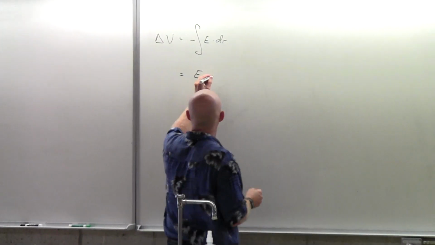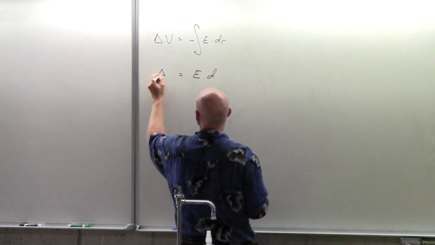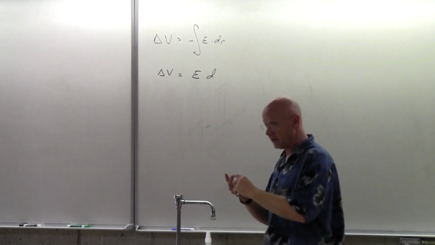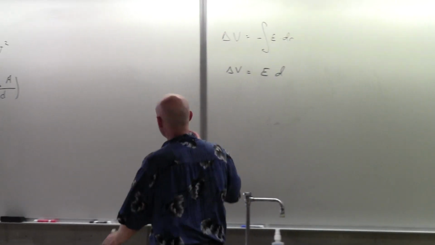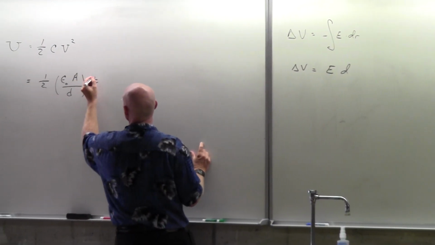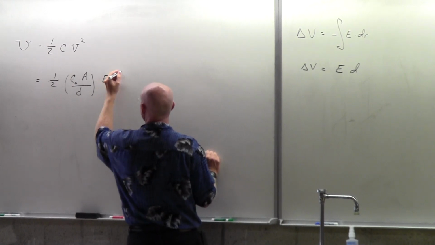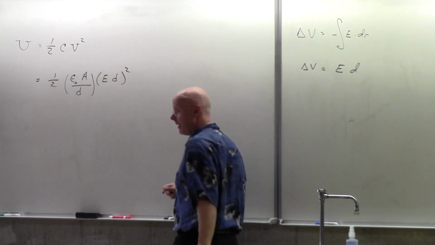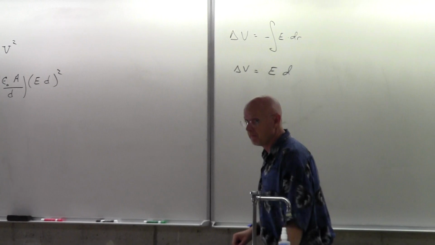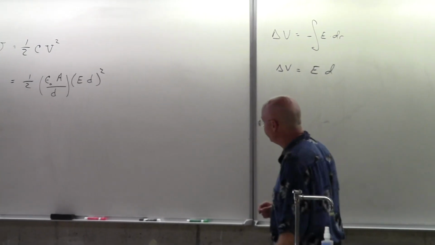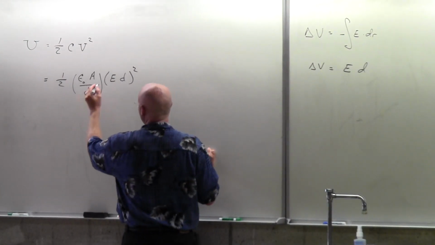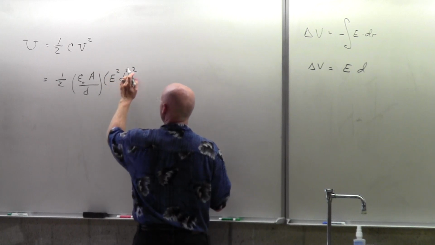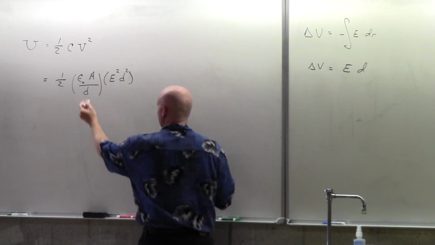If you say that the voltage between them is the electric field times distance, I can then say here is the electric field times the distance squared. Now, why is that helpful? Well, this would become electric field squared and distance squared.